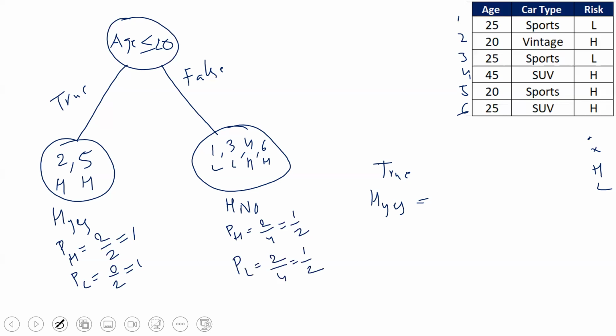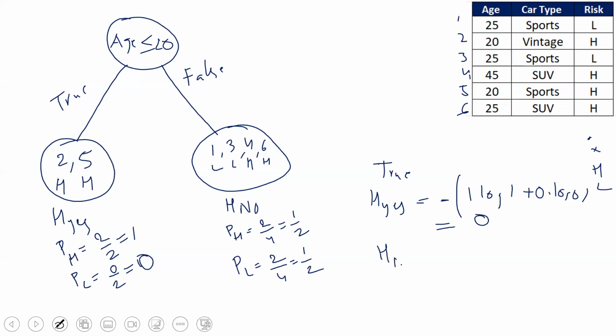So the entropy of yes is equal to minus of 1 log 1 plus 0 into anything, which will be 0, right? 0 into undefined is 0. So this becomes 0.